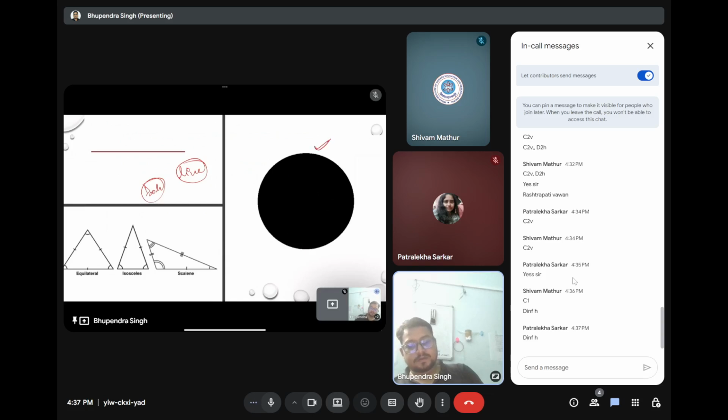Point group of this point. This is not spherical. This is not a sphere. This is 2D.